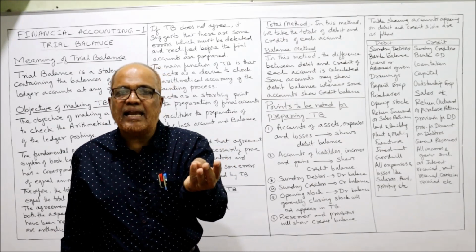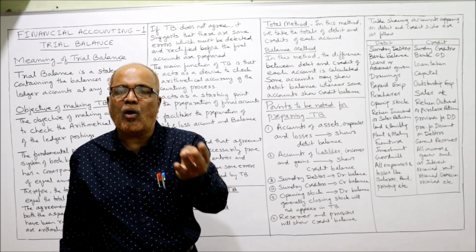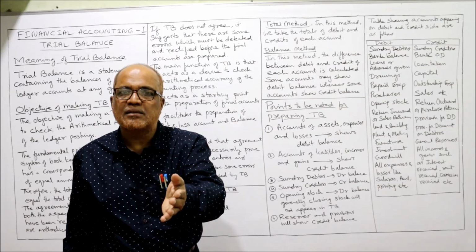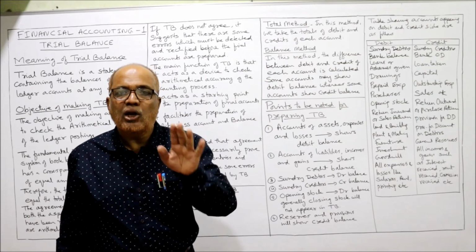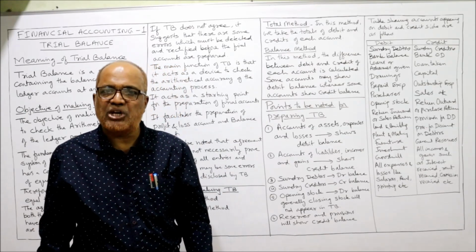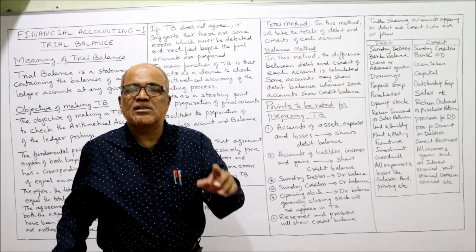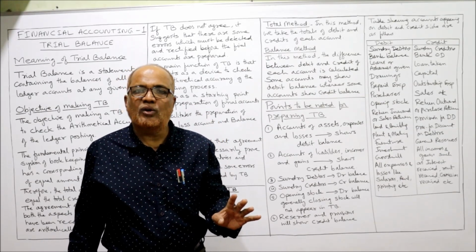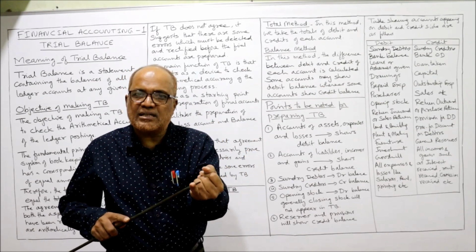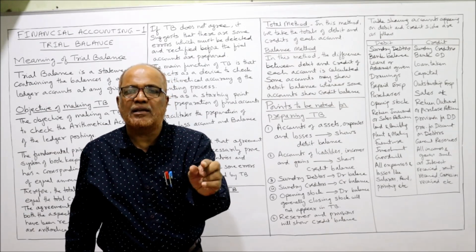Expenses like salaries, rent, printing, postage, telephone. All these are expenses. It will show debit balance. Losses. The losses like bad debts, depreciation, loss by fire. All these are the losses. It will show debit balance. The first point, all assets, expenses, losses will show debit balance.